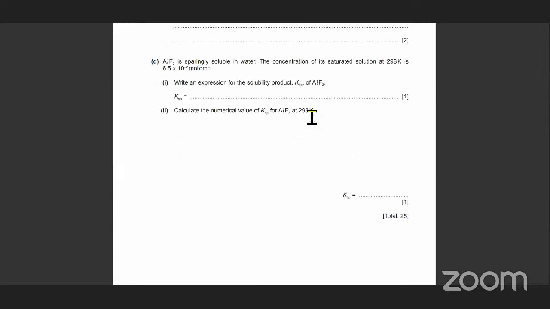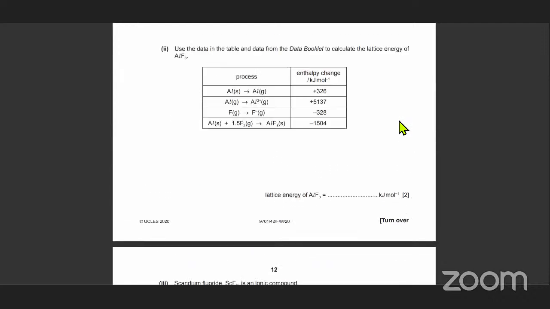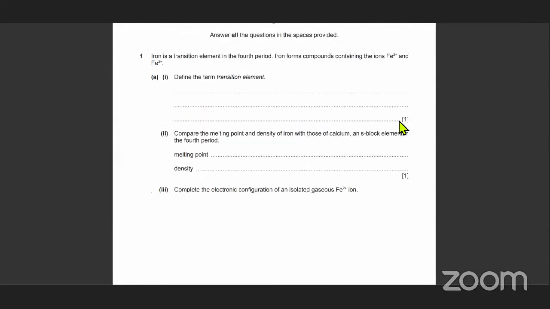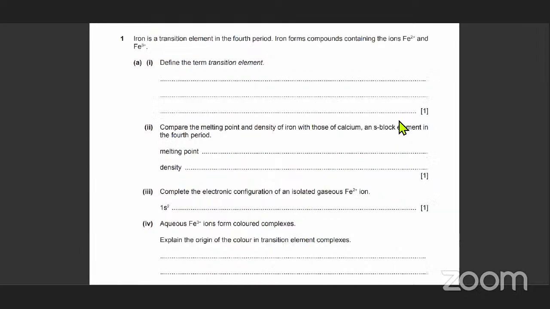So let's try and do this one. Okay, let's try and do this one. First, many things got missed. Let's try and do this one. This was March 20. So I'll just try and do this very quickly.